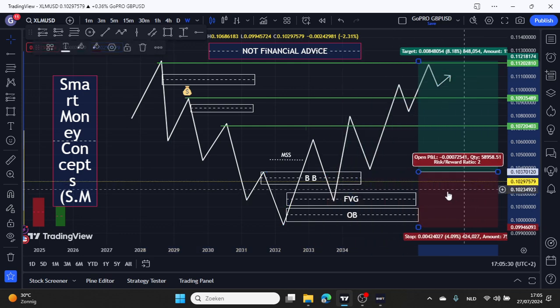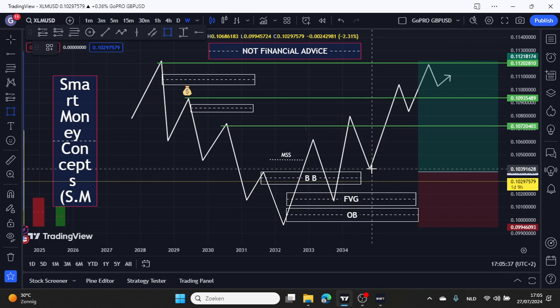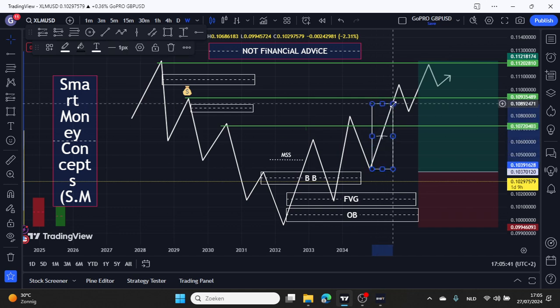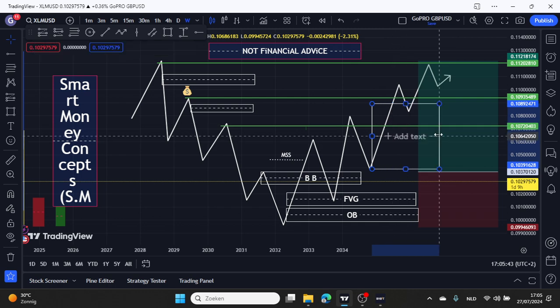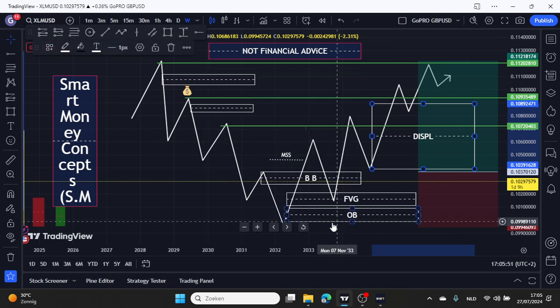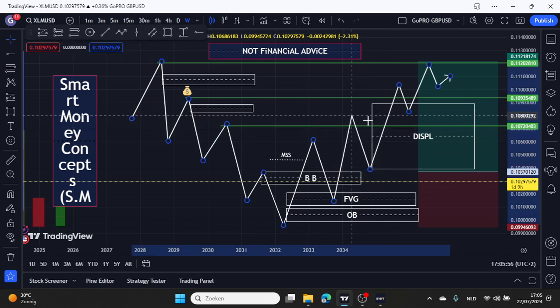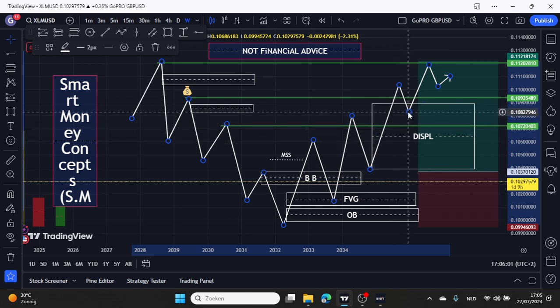Next thing I want to quickly show you, what you will see happen a lot too, is that price sometimes doesn't give you the order block, but shoots up in one candle and gives you a displacement. Let's call it this plot, just to show you guys what I mean. And with the displacement, we can assume that price isn't going to mitigate the whole displacement at once.